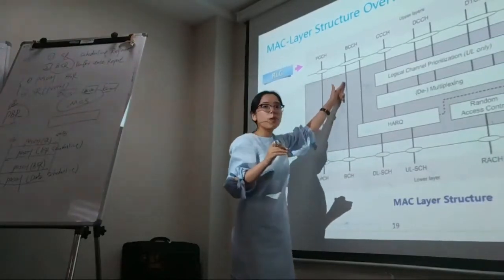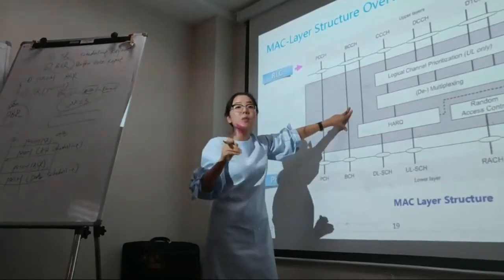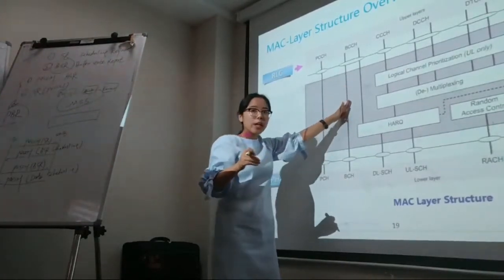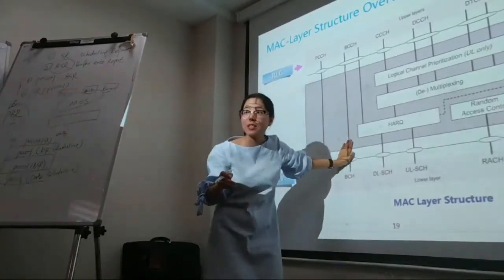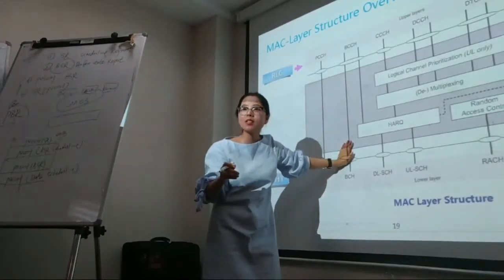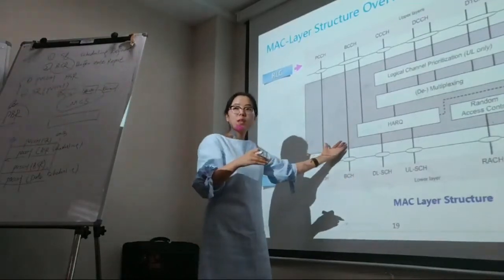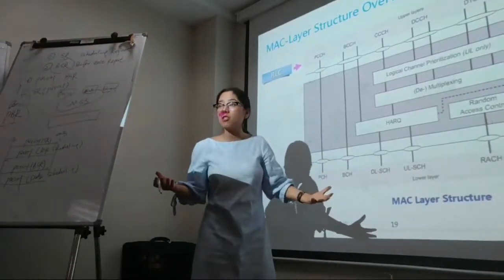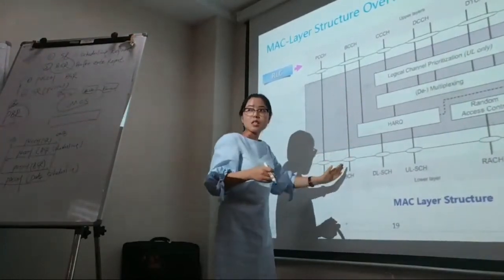This information for the BCCH contains MIB and SIBs. For the MIB, it just goes through the MAC layer. The MAC layer will not process it. Next time you see this picture, you will know the functions, just from the picture. The MAC layer doesn't process it.